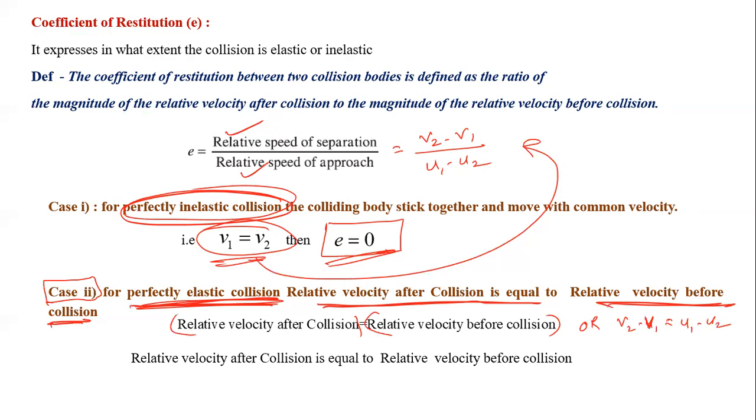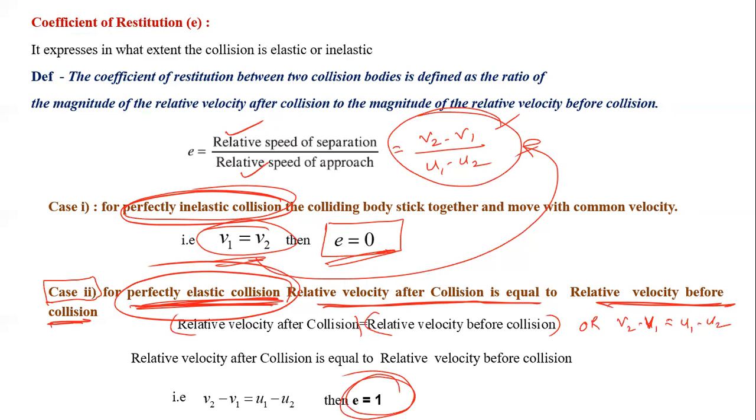If numerator and denominator are the same, then e comes out 1. So e is equal to 1 for perfectly elastic collision.